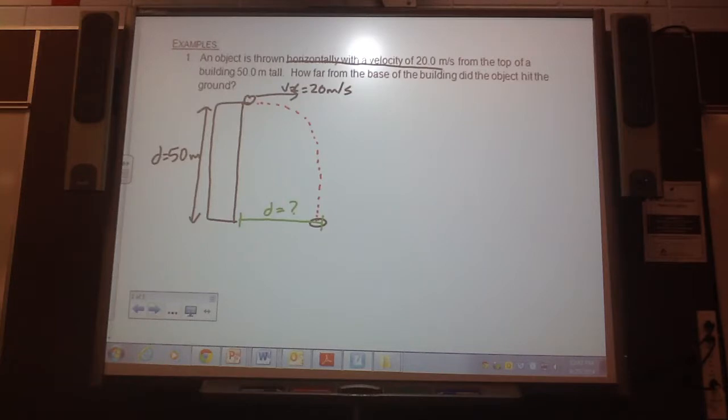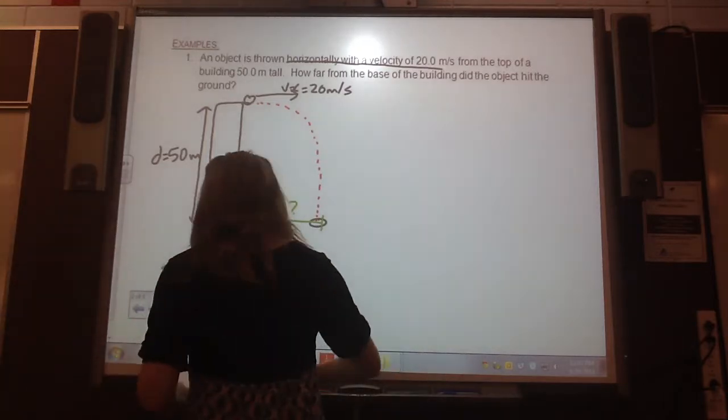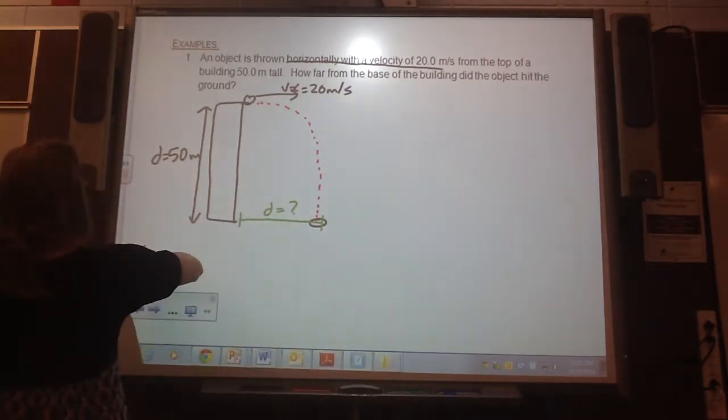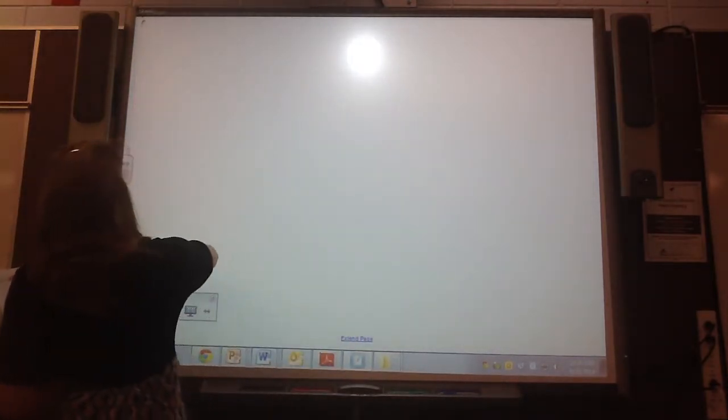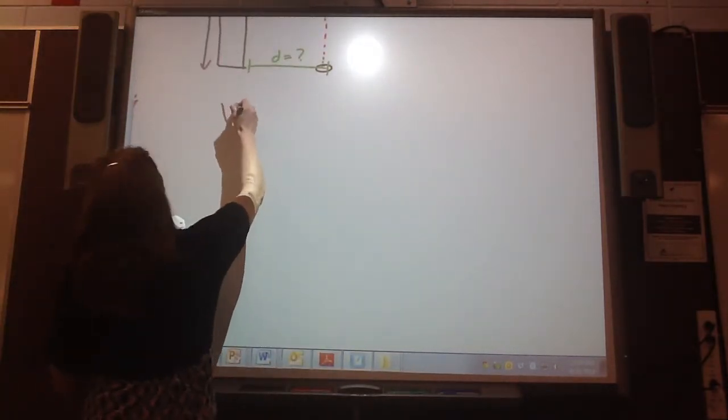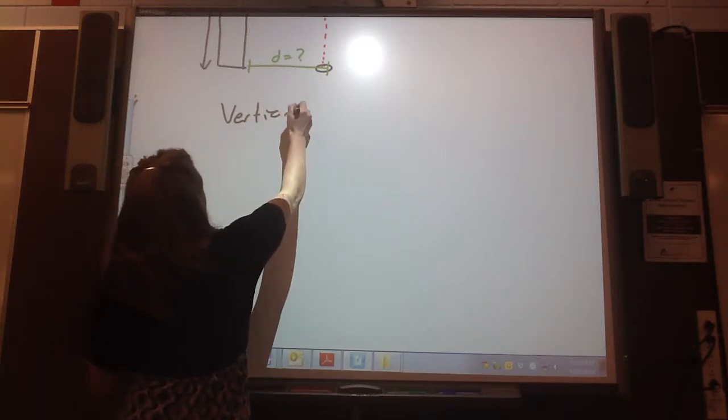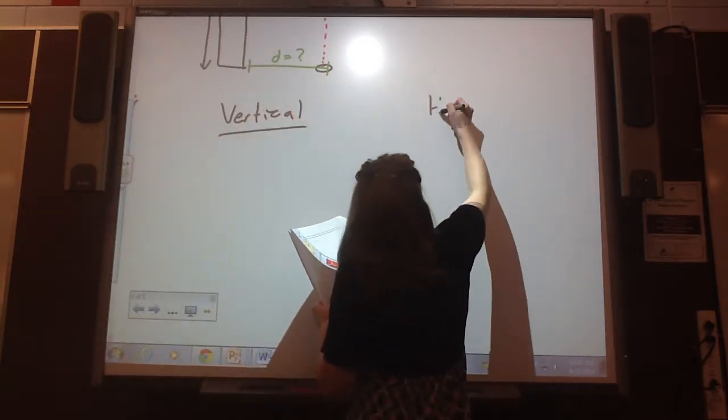Well, I need to divide my information up into two groupings. One is vertical, one's horizontal. So let's have two groups of information: our vertical information and our horizontal information.